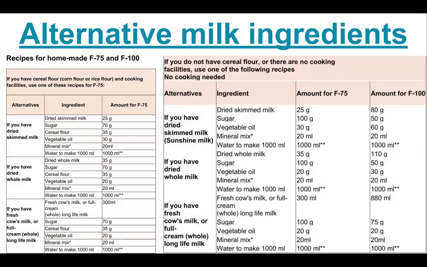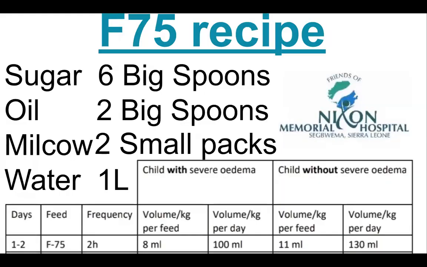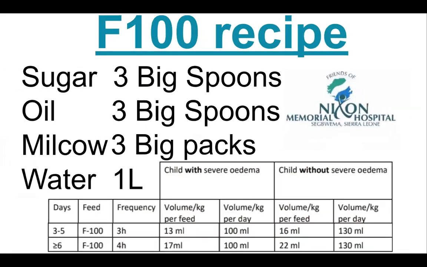If you have dry skim milk, dry whole milk, or fresh cow milk, the ingredients and the recipe will be different. And this is the F75 recipe we use in our hospital. And this is the F100 recipe.